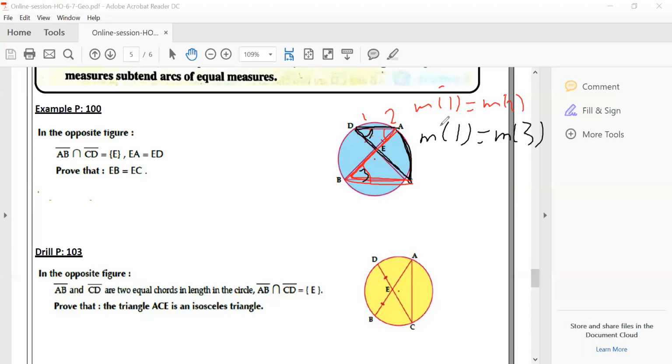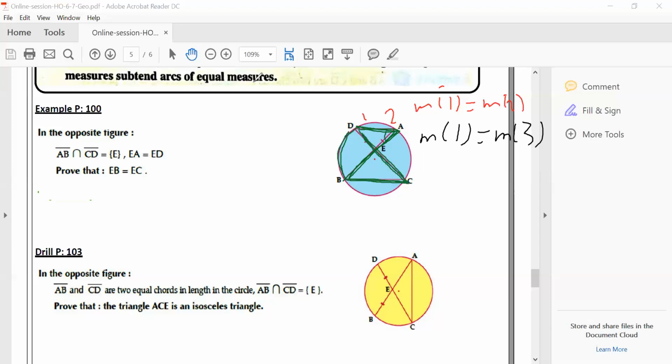Okay, if I complete the same way, and for example, if I remove this one and look at the other side, measure DAB, the angle 2, is also subtended by BD. There is another angle subtended by BD, which is DCB.